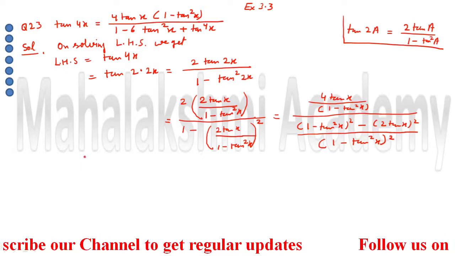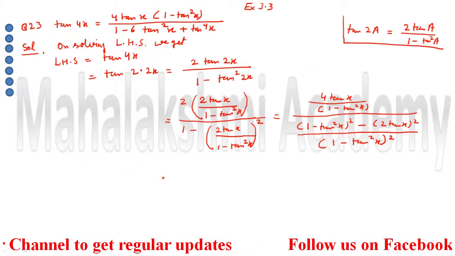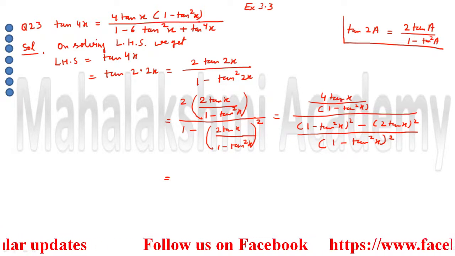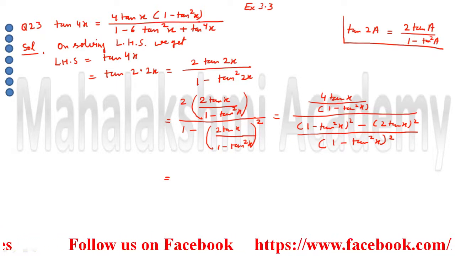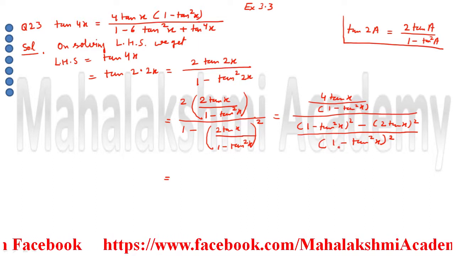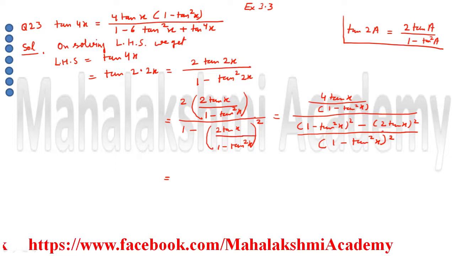Now in the next step, what I'm doing is I'm going to keep the numerator fraction as it is, and do the reciprocal of the denominator fraction, as well as open both the brackets.